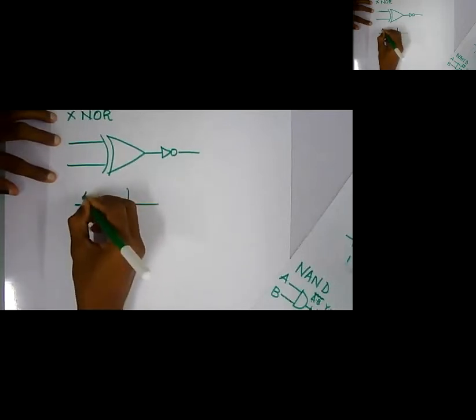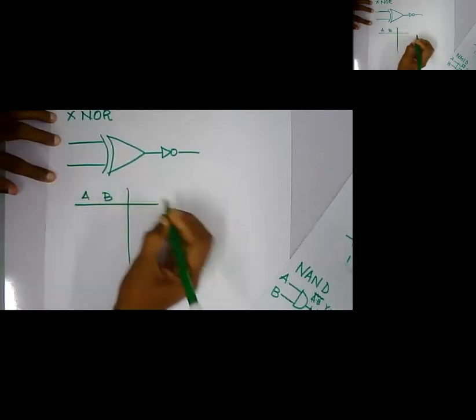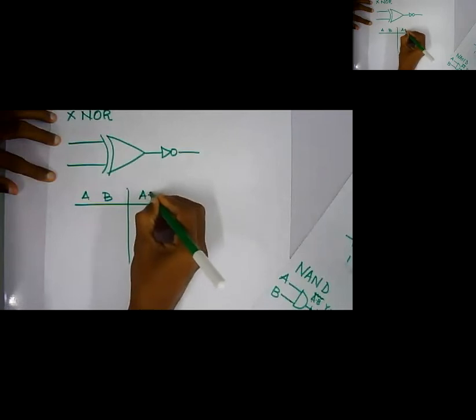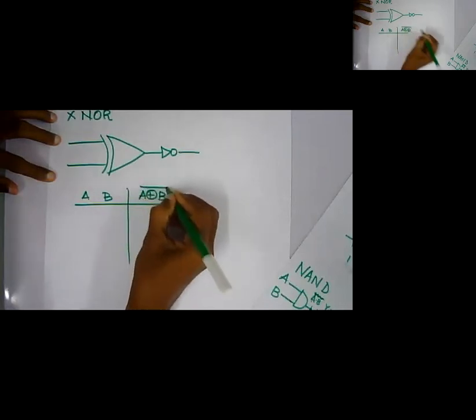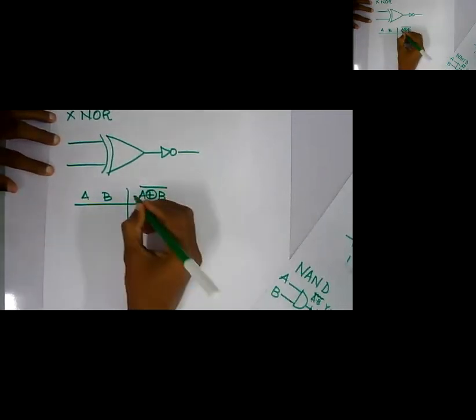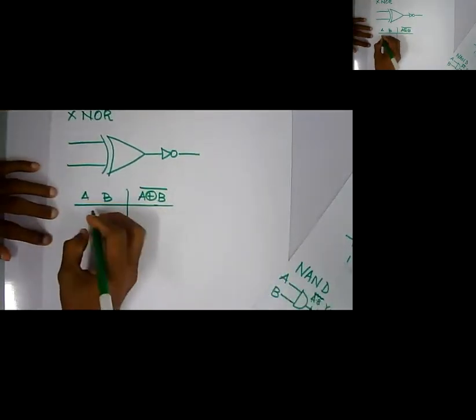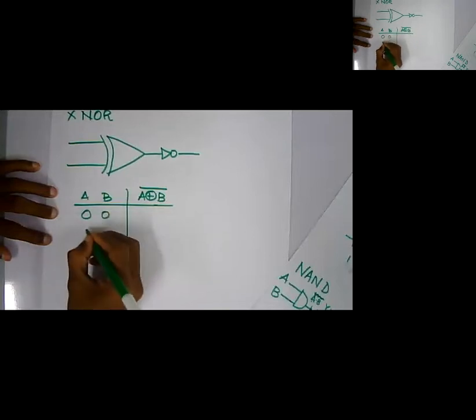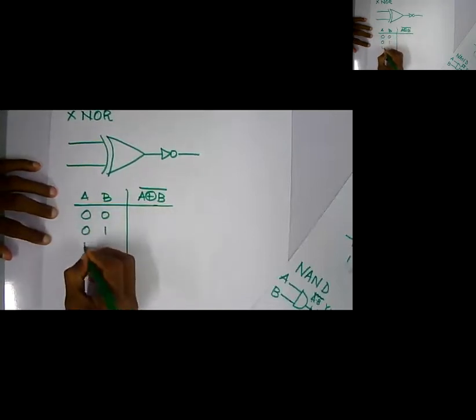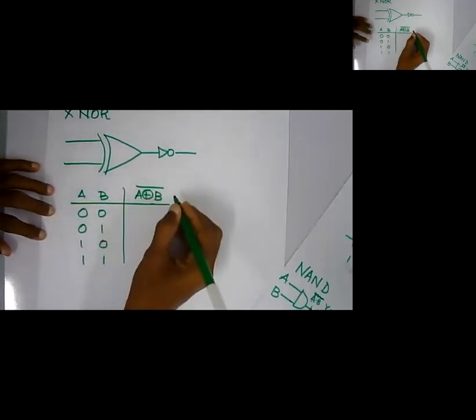In the truth table with A, B, this is A XOR B bar, which becomes A XNOR B. For the XOR gate the outputs are 0 1 1 0.